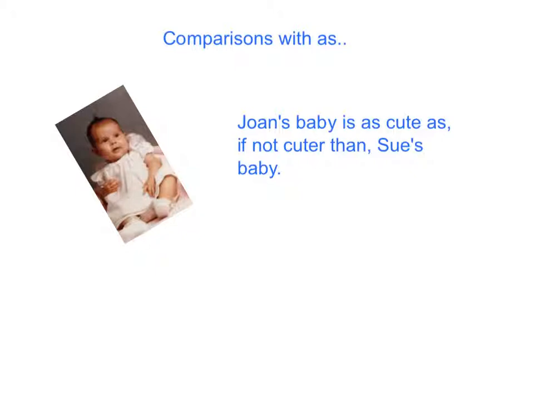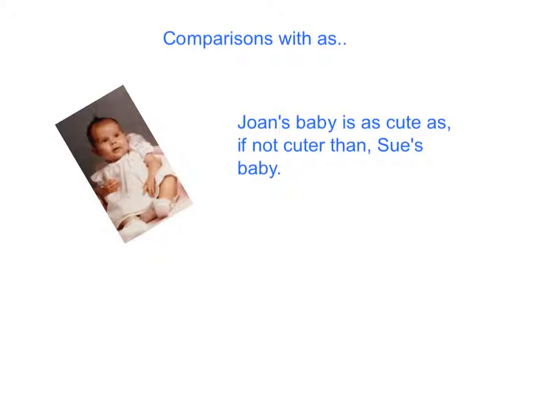Another problem we run into with comparisons is a comparison using as. We use as quite a bit when we're comparing two items. And when we say it in speech, we sometimes leave off the second as. So when you're comparing, like in this sentence, it's comparing Joan's baby with Sue's baby.